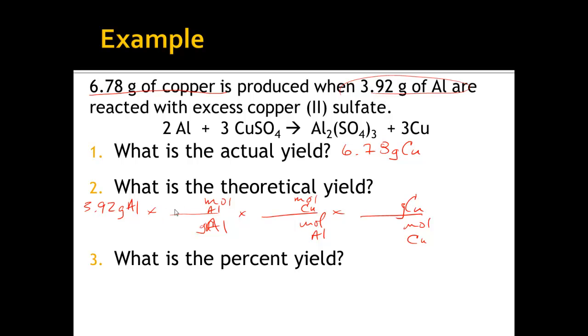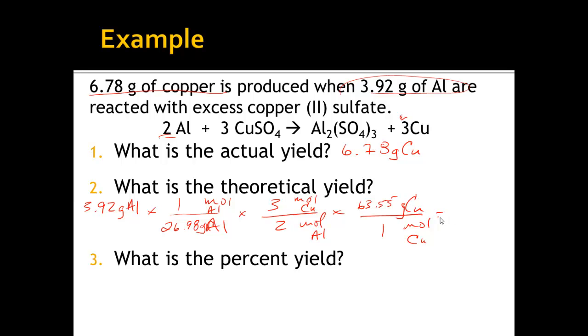So start filling in the numbers. I've got moles and grams, so moles gets a 1. Grams comes from the periodic table, 26.98. I've got moles on top of moles. That is my coefficients from my balanced equation. So here's moles of copper, 3, and moles of aluminum, right here, 2. And I've got moles and grams again, so moles gets a 1, and copper off the periodic table is 63.55.